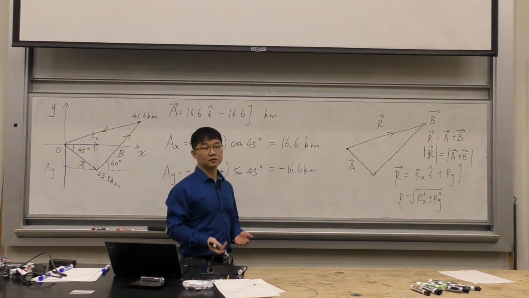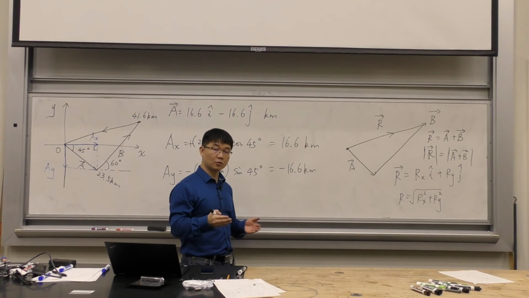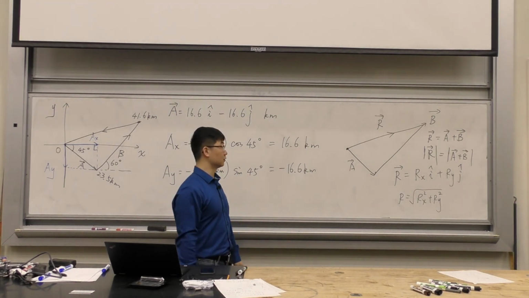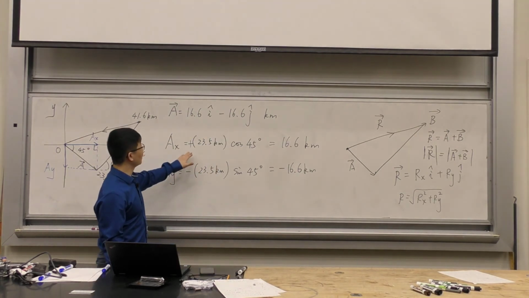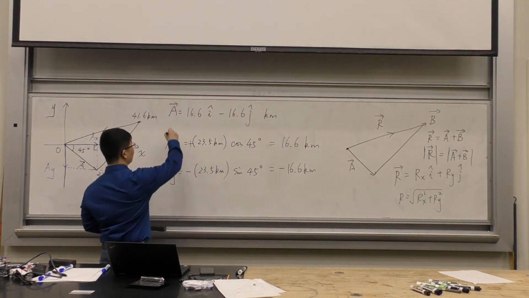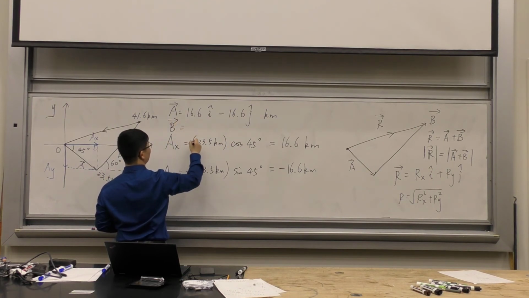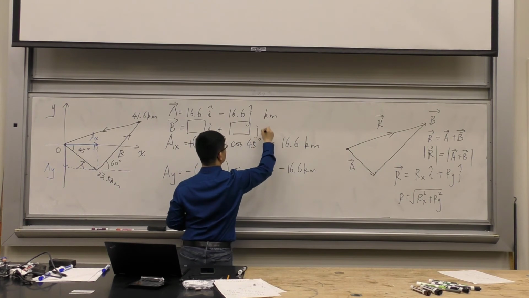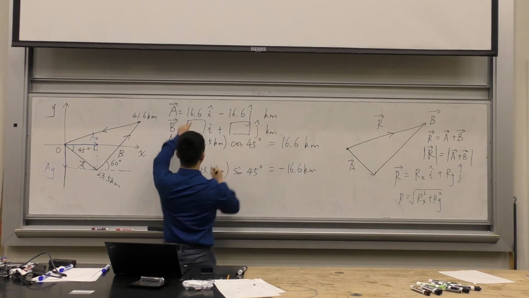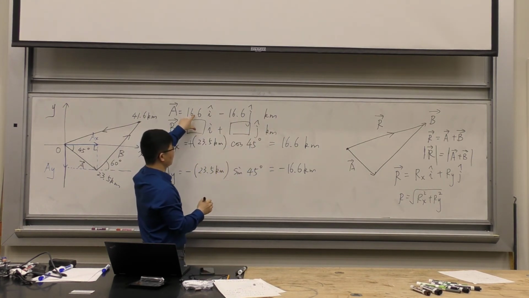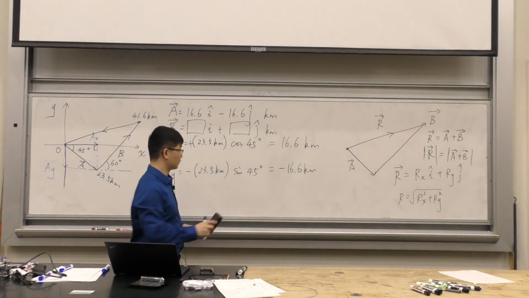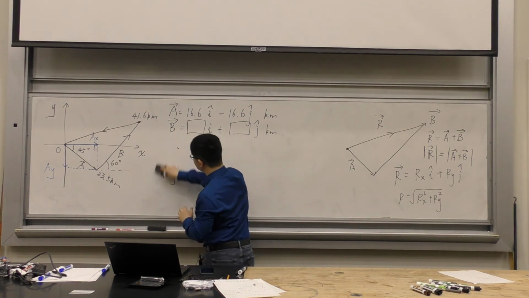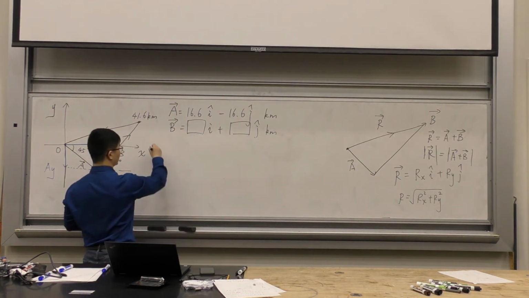Then you get the x component and the y component of the sum, the new vector. I already have the x and y components for A. So all I need to do is find the components for the B vector and then add these two numbers together. That's going to become Rx. And add these two numbers together, literally, and that's going to give me Ry.